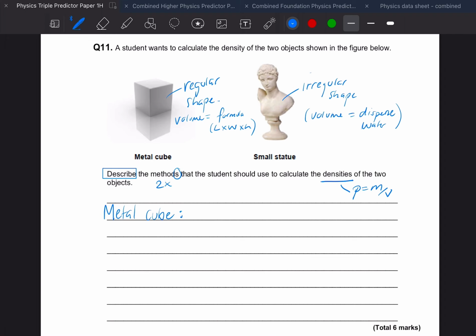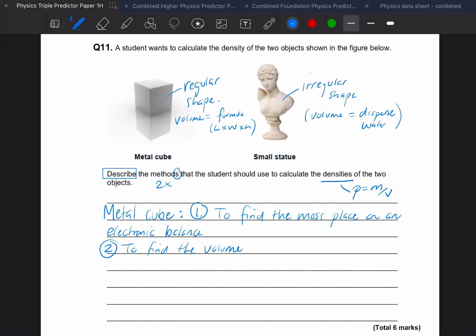So the metal cube, so in order to do this, we need the mass and the volume of each one. So let's just say 1. To find the mass, place on an electronic balance. All right, point 2. To find the volume.